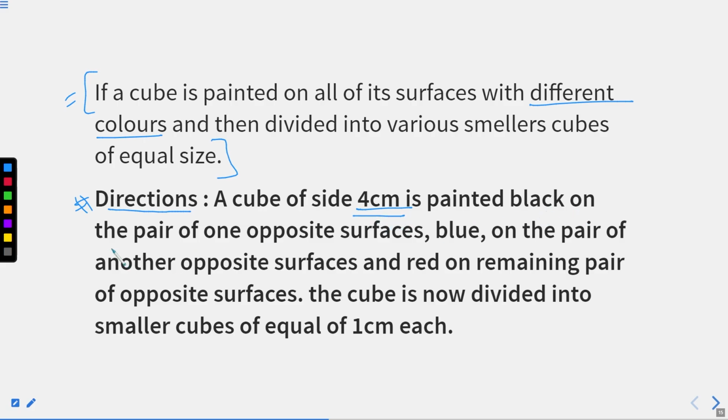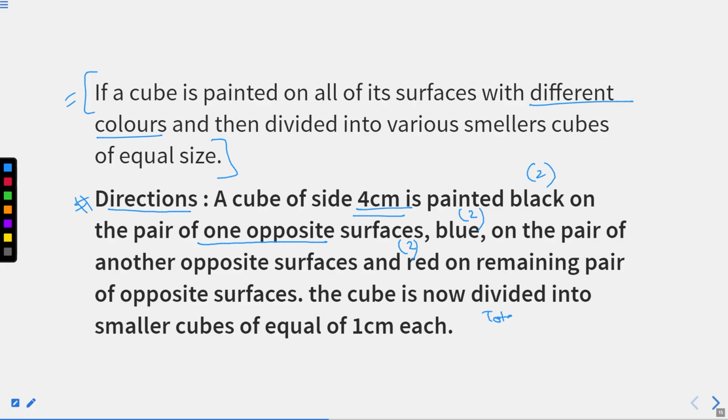So again, a bigger cube with a side of 4 centimeters is painted black on one pair of opposite sides. It means out of 6 surfaces, 2 are painted with black, and blue on the pair of another opposite side. So 2 are painted with blue and 2 are painted with red, right?